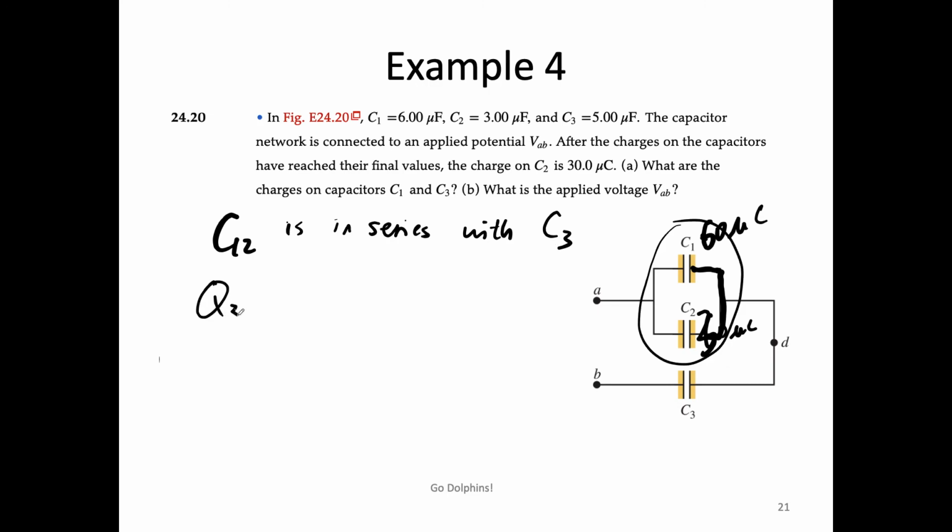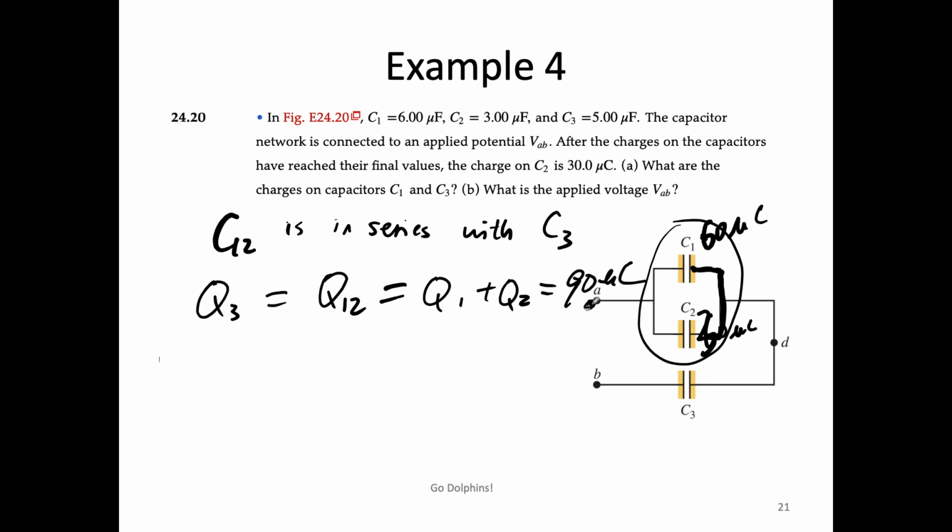So Q3 equals Q12. Now Q12, because C1, C2 are connected in parallel, is Q1 plus Q2, so it's 90 microcoulomb. So I found Q3. And I found V2 is 10, V1 is 10.